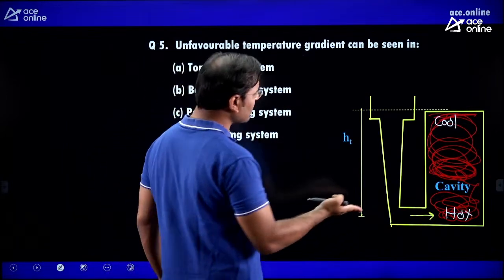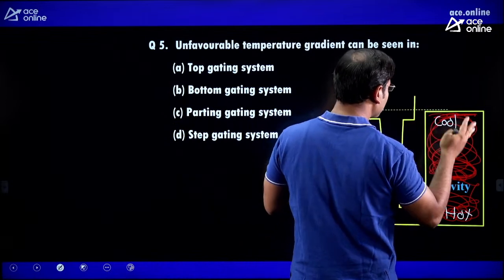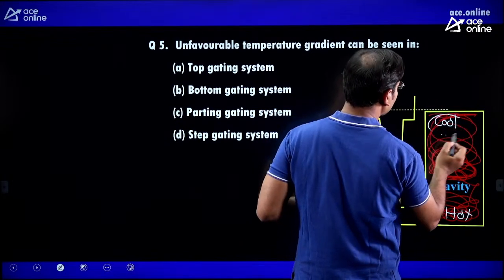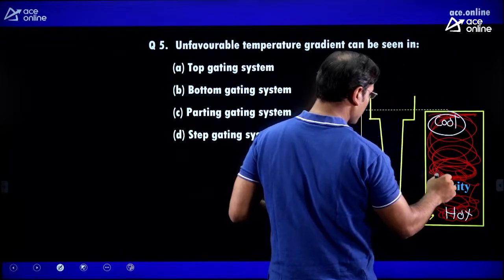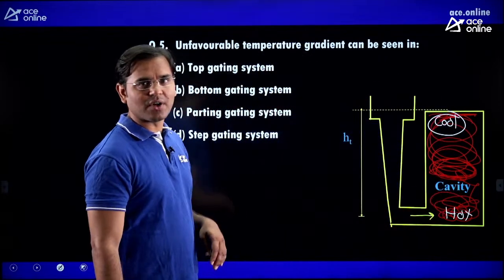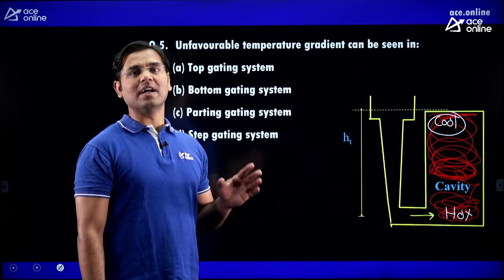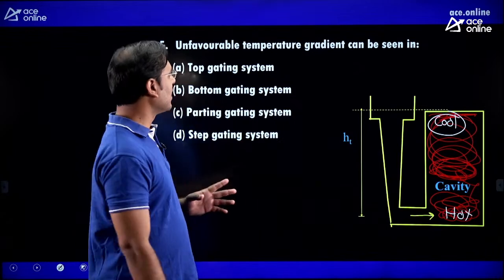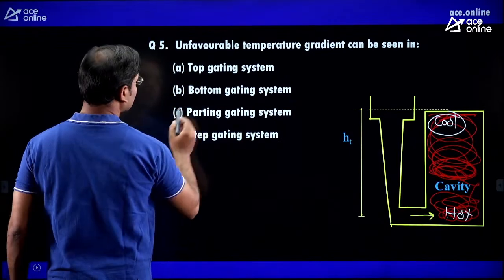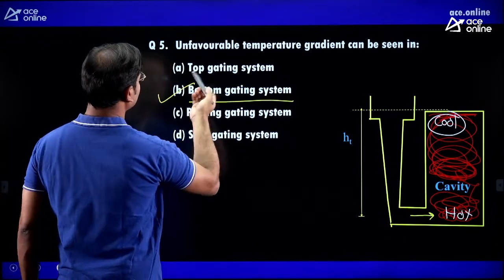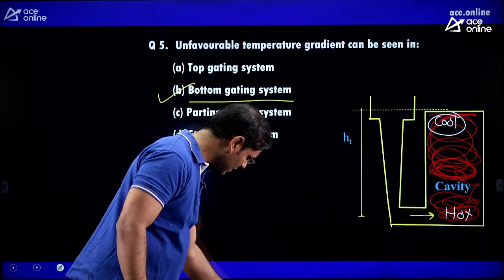The molten metal goes to the top very slowly, and heat transfer is continuous. That's why the molten metal at the top side is cool, and the molten metal at the bottom side is hot, and it is an unfavorable temperature gradient, and it happens only in the case of the bottom gating system. The correct answer is option B, bottom gating system, right?